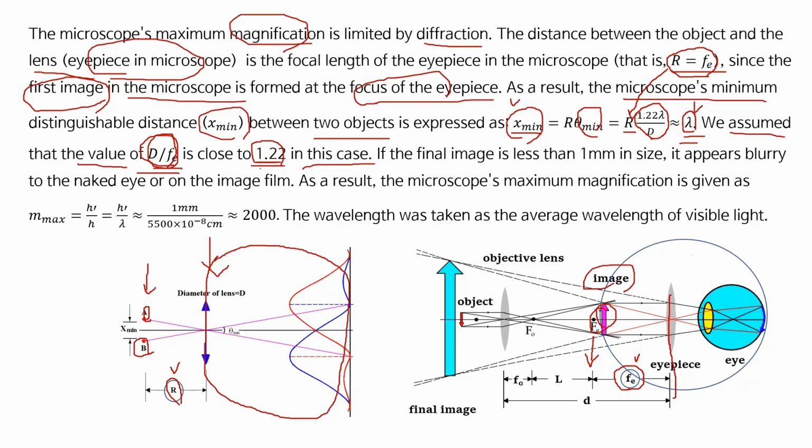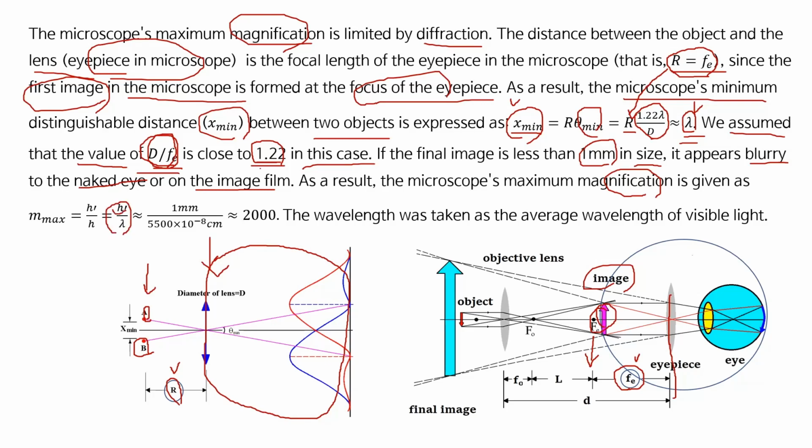If the final image is less than 1 millimeter in size, it appears blurry to the naked eye or on the image film. As a result, the microscope's maximum magnification is given as this relationship.